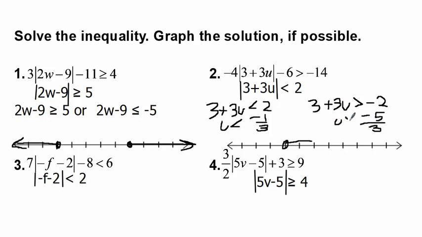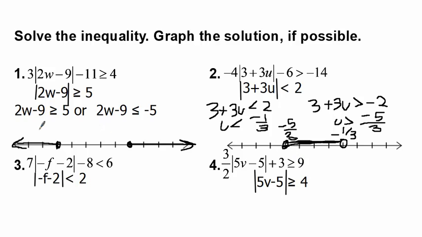So u is greater than negative 3/5. So if I'm going to label it here, 3/5, 4, 3, 2, 1/5. So the other one is going to be here, and my graph showing between those 2 numbers. I know it's pretty close together.